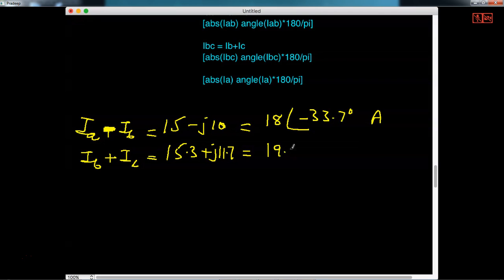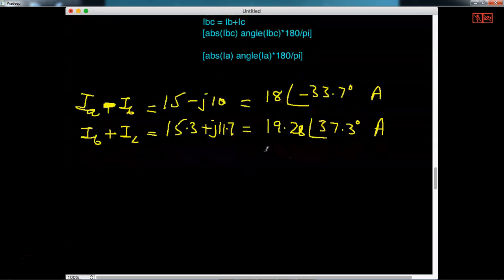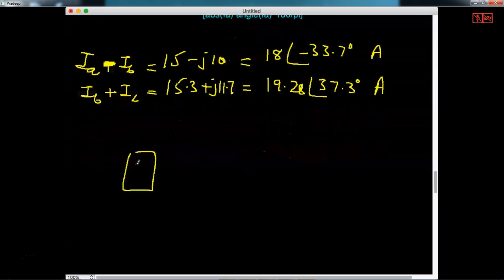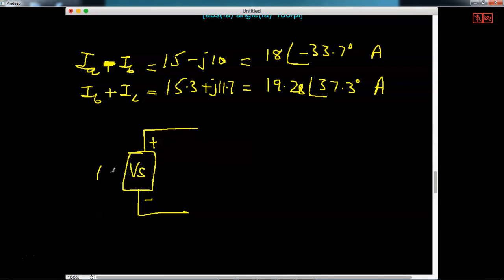Now let's come to the third question. The source is here, Vs. This source is giving a current. This is an AC source actually, 400 angle 0 degrees. Sorry, 400 is the magnitude.